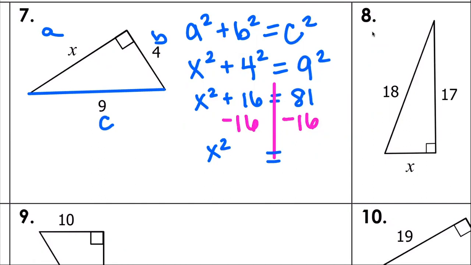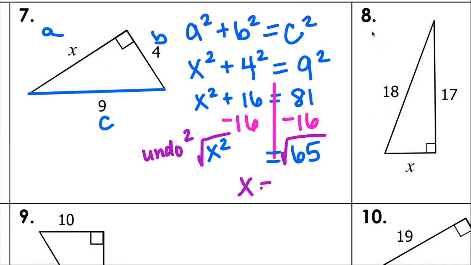If we take 81 minus 16, we get 65. Now, we need to undo our square. To do that, we're going to square root both sides. Now, 65 is not a perfect square. So we're just going to leave this as the square root of 65, and that's going to be our answer.